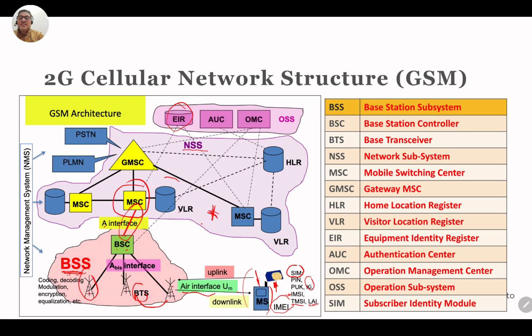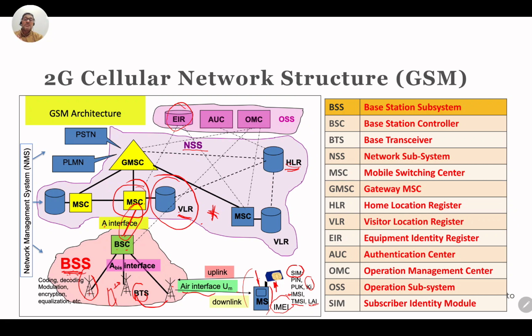We take care of this with a database. So we have here the visitor location register. The visitor location register updates when a new customer comes inside one of these regions. When the mobile phone comes in this region and is detected by this base transceiver, for example, it sends its own information, and then the mobile switching center will first consult the home location register.